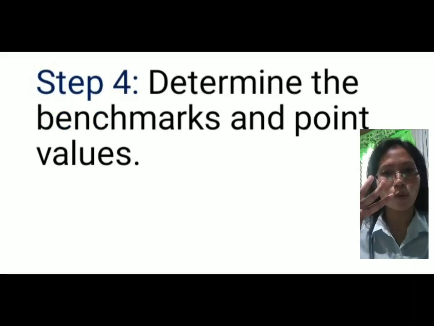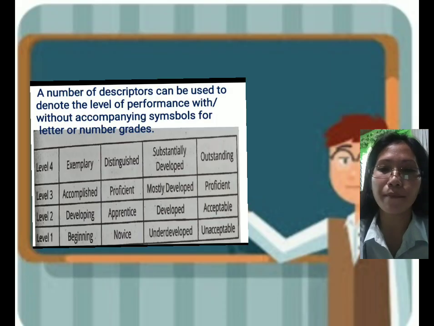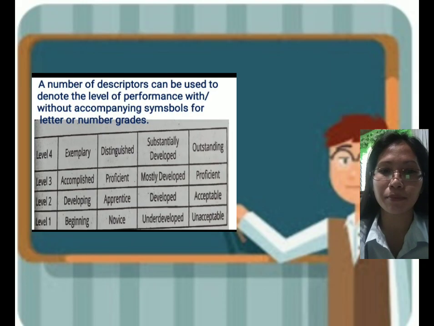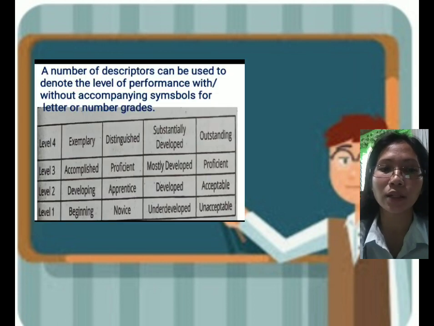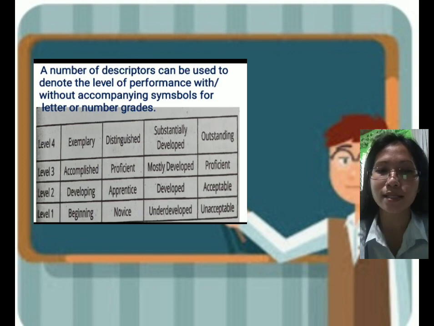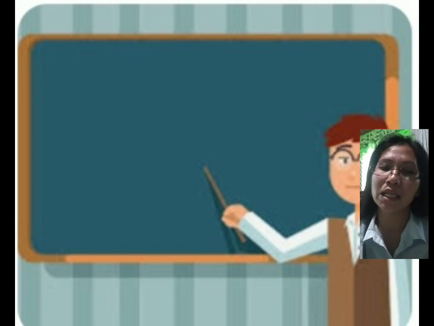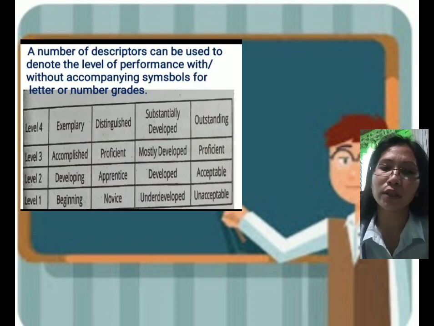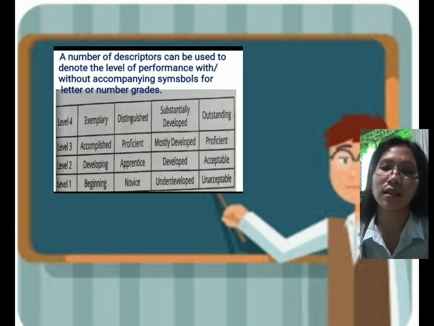And step 4, determine the benchmark and point values. So what does it mean? A number of descriptors can be used to denote the levels of performance with or without accompanying symbols for letters or number grades. Examples of levels of performance are level 1 beginning, level 2 developing, level 3 accomplished, and level 4 exemplary.